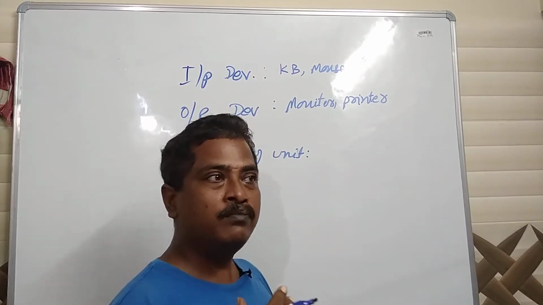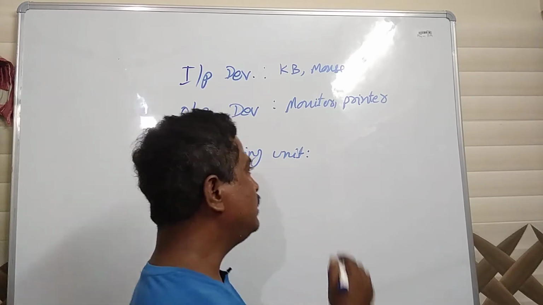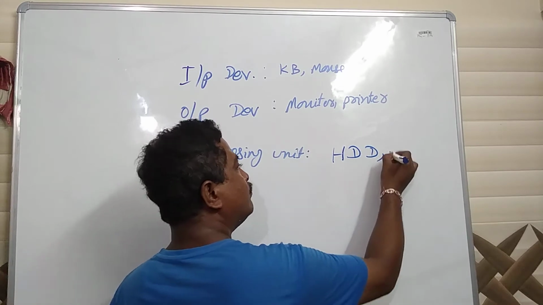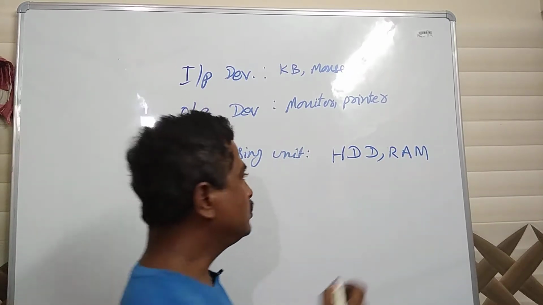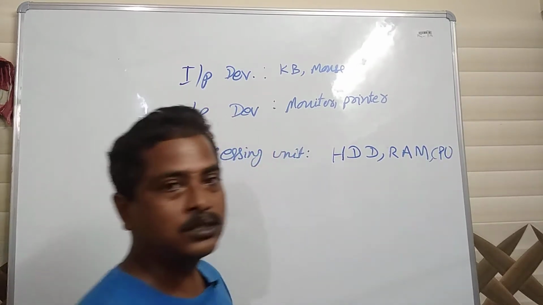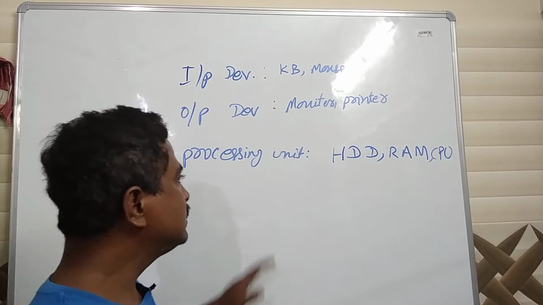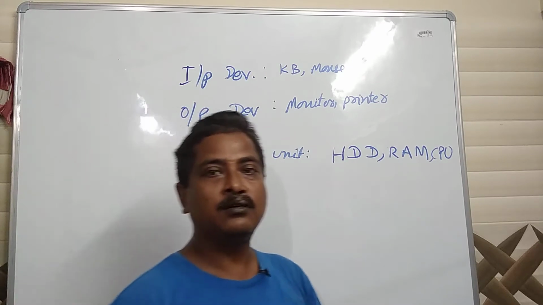In the case of a computer, permanent memory is the hard disk drive. Temporary memory is RAM. The processing unit is called the central processing unit, CPU. So these are the main equipment inside the computer.